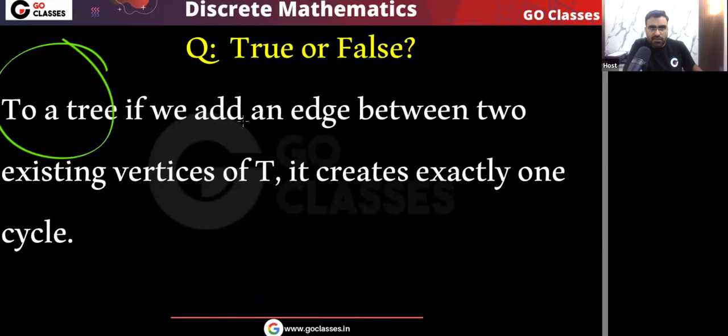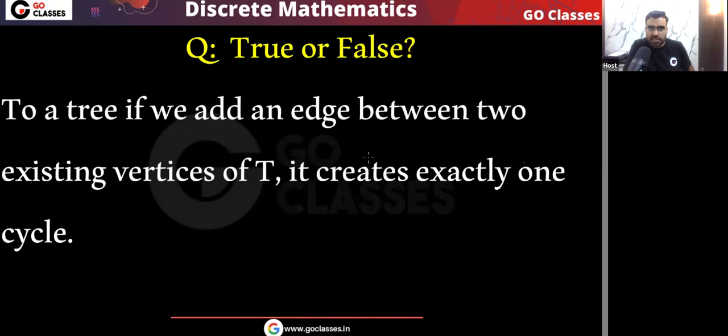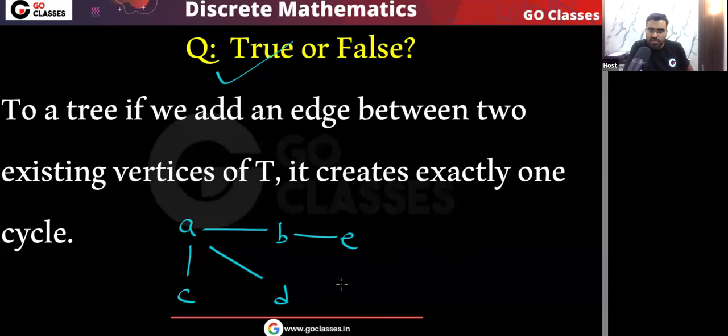This is the interesting point: in a tree, if you add one more edge between existing vertices, then it will create exactly one cycle. Do you agree with me? Take any tree, for example, A, B, C, D, E. If I add any edge between the existing vertices, one cycle I will get.